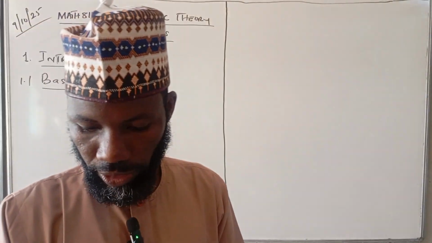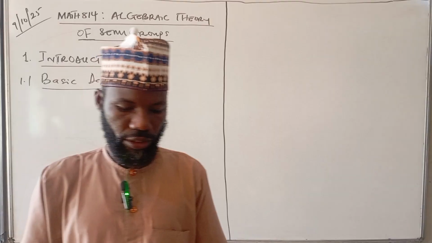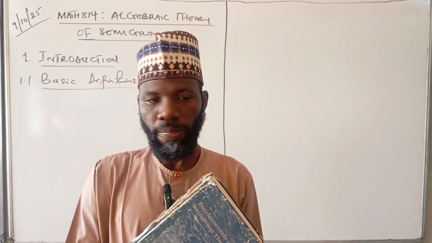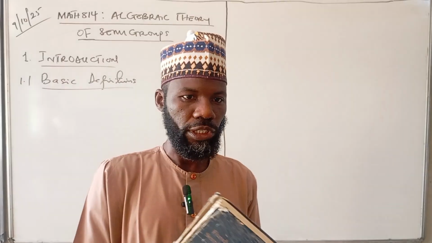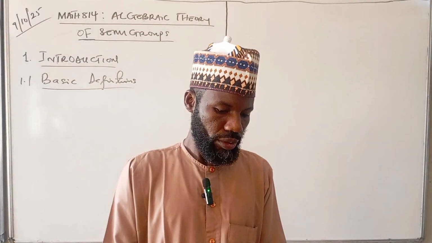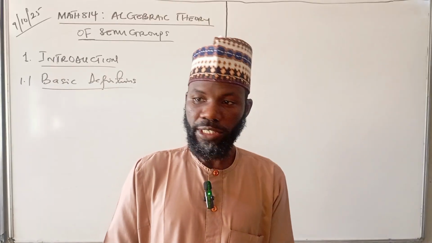We will be following this material, that is the textbook, Fundamentals of Semigroup Theory by John M. Howie. This will be our reference material for the course. We are going to cover the first three chapters.